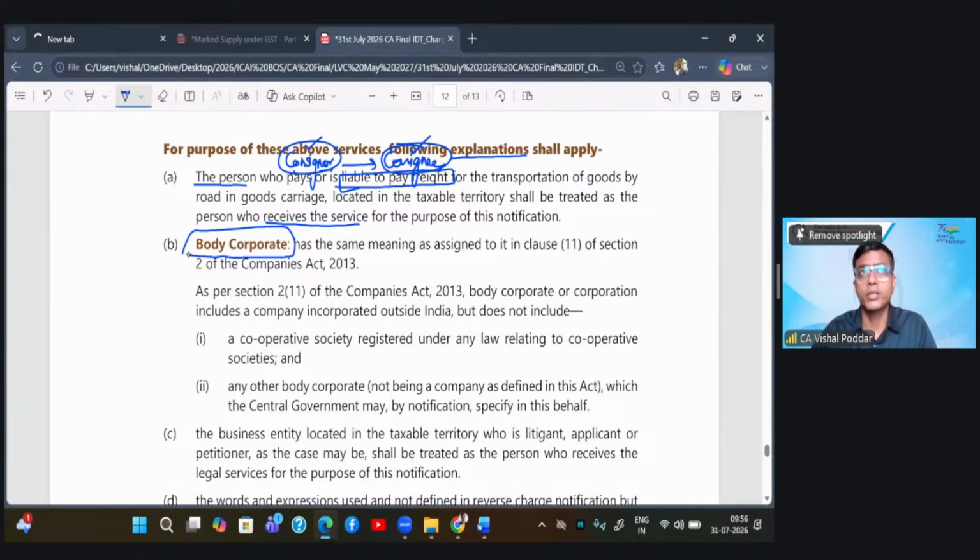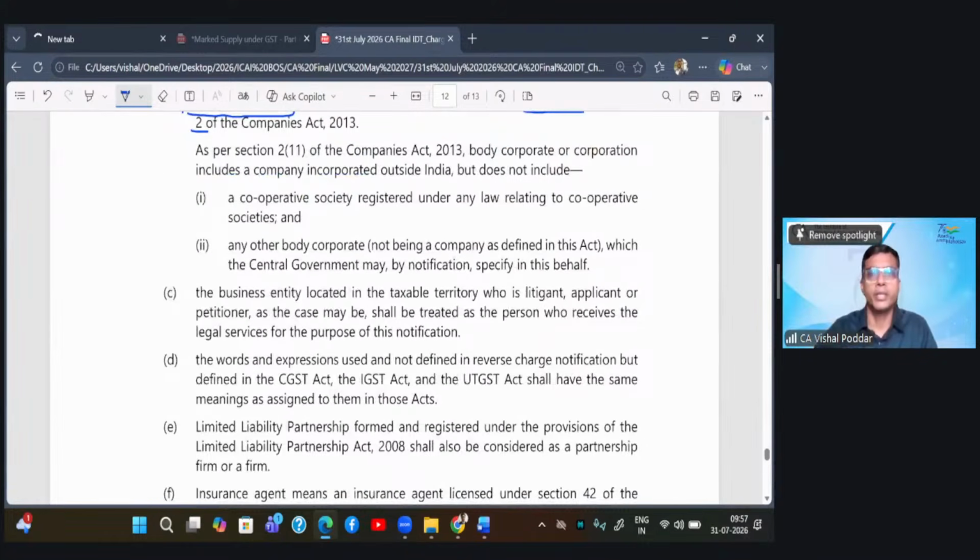Next, we have used this term a lot in many sections, many entries above. The condition was that either the person should be a body corporate or the person should not be a body corporate. Now the question is, what is body corporate? So this notification has given the definition saying that you have to refer to clause 11 of section 2 of the Companies Act. Now what is the Companies Act saying?